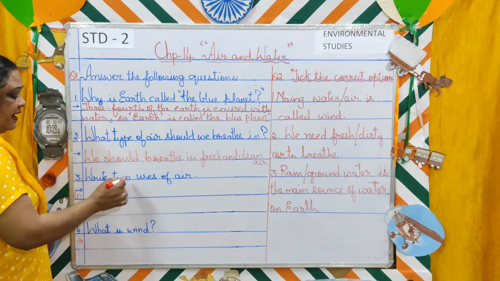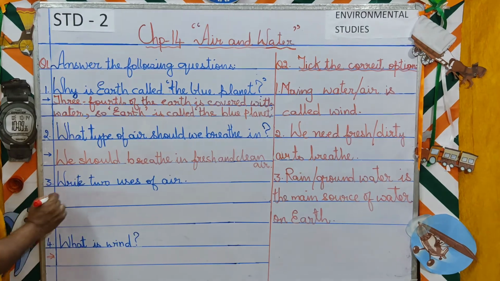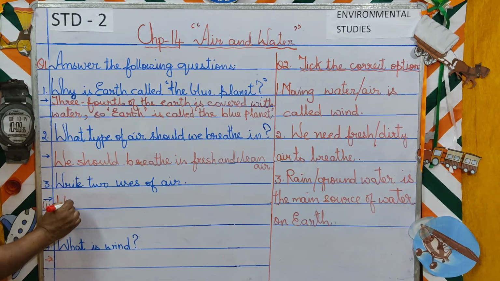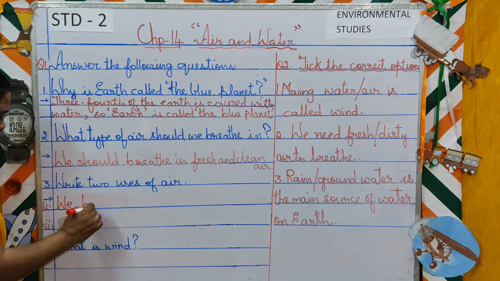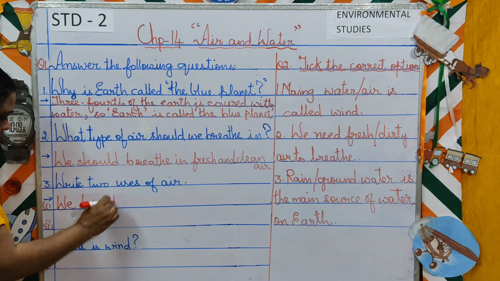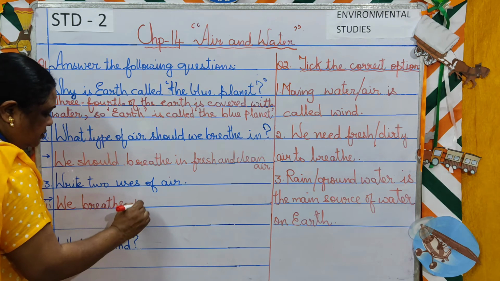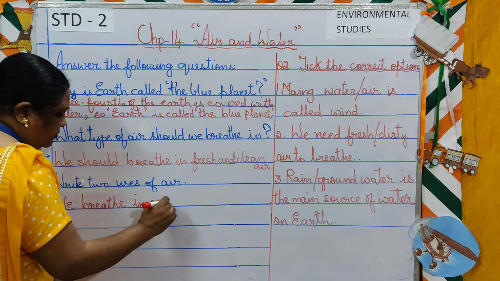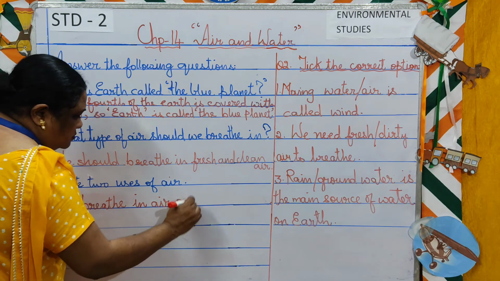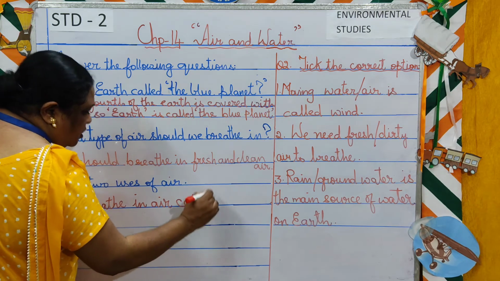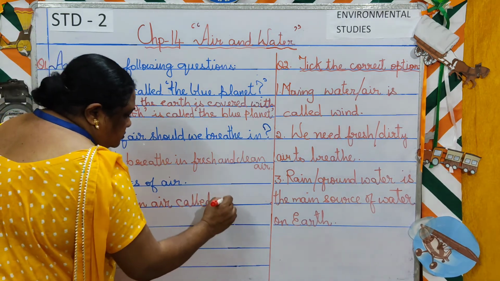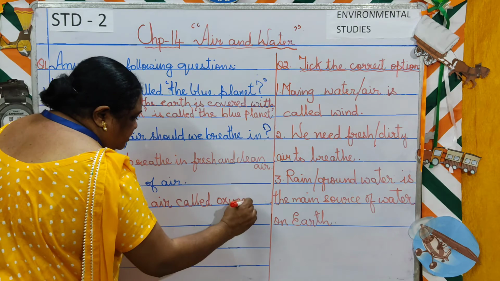Number 3, write 2 uses of air. Number 1, we breathe in air called oxygen.